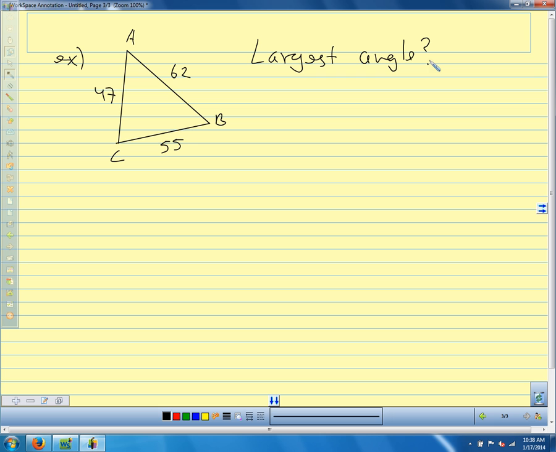So which is the largest angle here? Angle C. Angle C is across from the longest side. So it's across from the longest side, so it has to be angle C. Pretty easy.